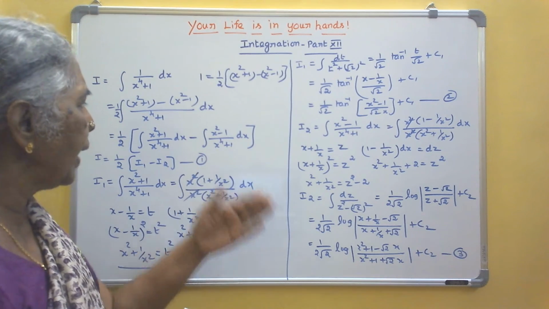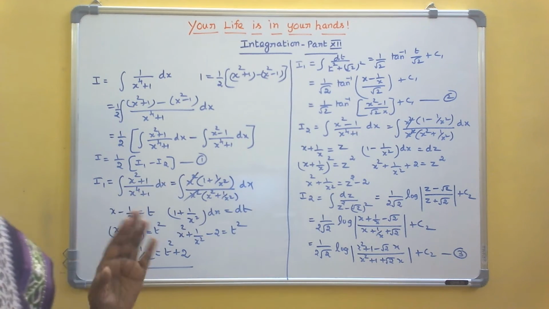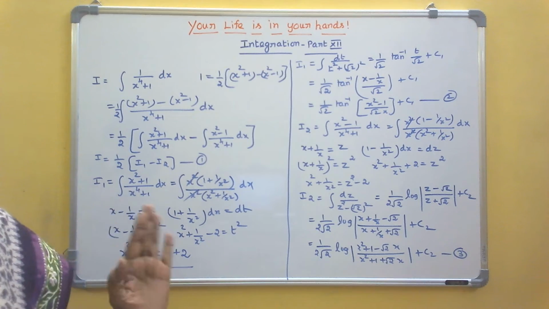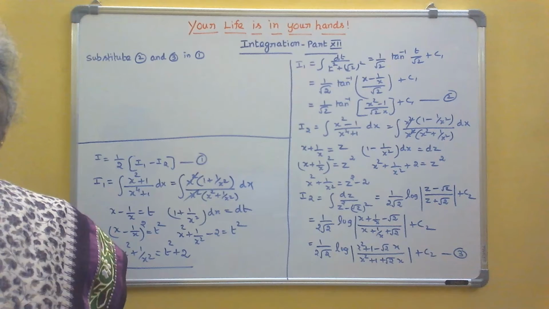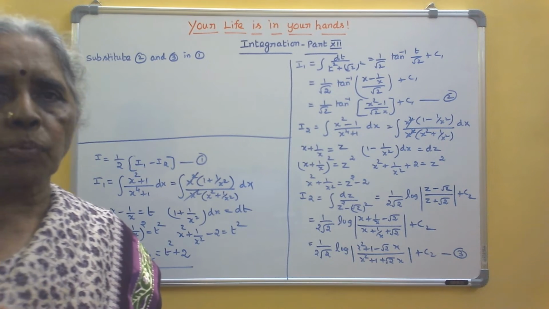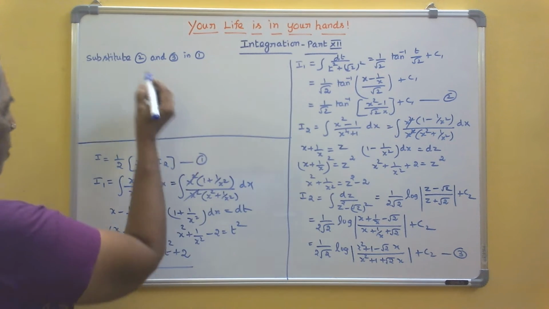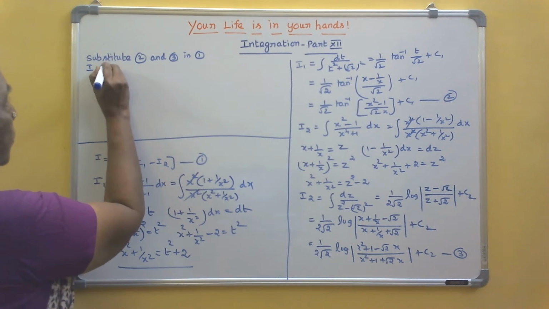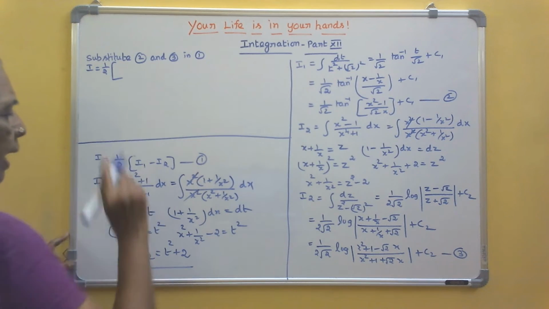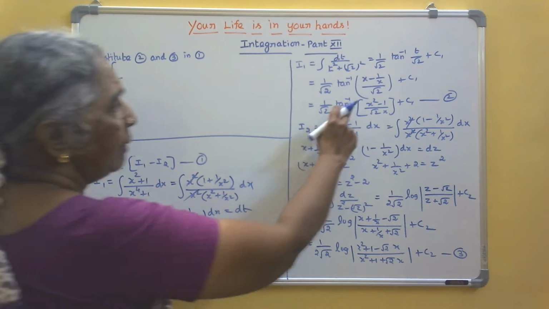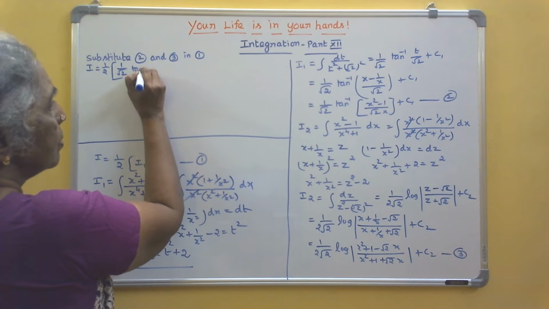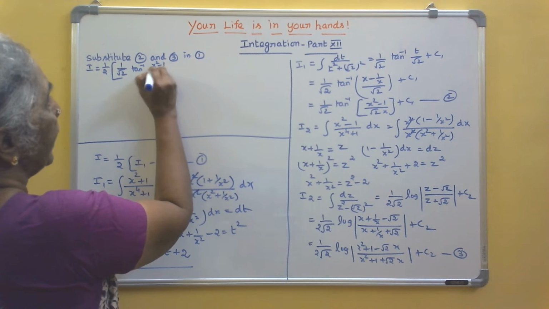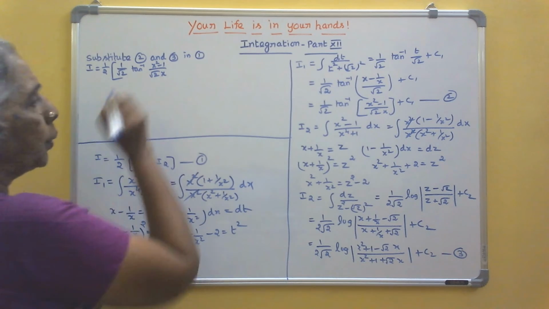Now the 2 and 3 we have to substitute in 1. That's all. Can we substitute the 2 and 3 in 1? We are going to substitute 2 and 3 in 1. So I will be equal to half outside, I1. Where is your I1? 1 by root 2 tan inverse (x squared minus 1) by (root 2 x).